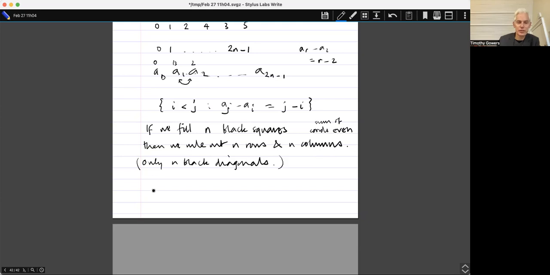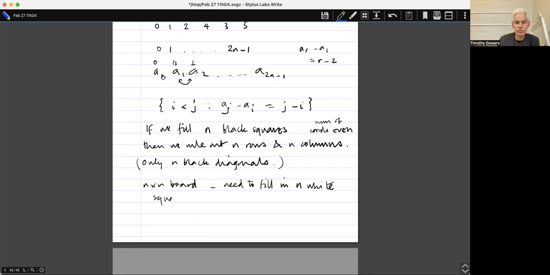So now we have effectively an n by n board, and we need to fill in n white squares, and no two of them are allowed to be in the same row or column or diagonal. But how many diagonals do we have?